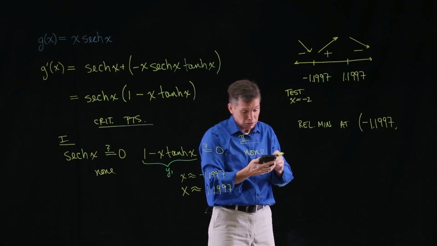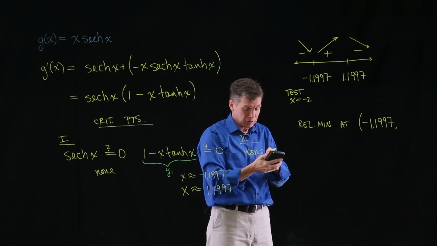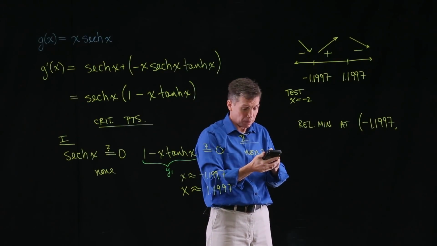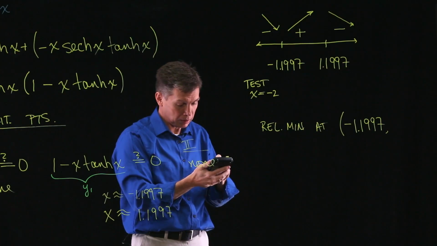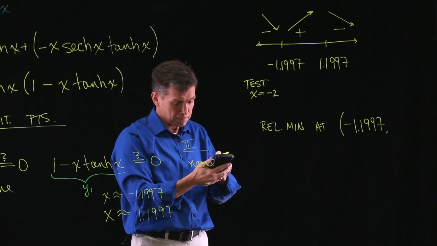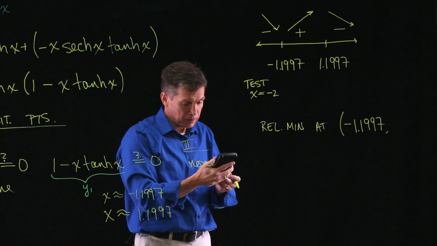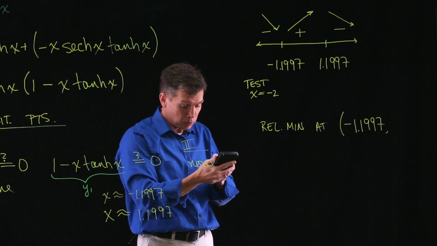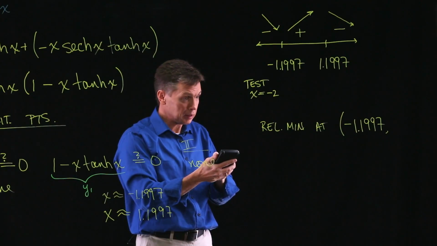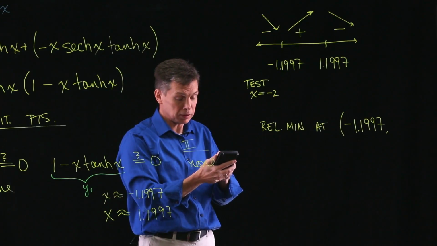Okay, so I'm going to start parentheses, dig through my catalog, find that hyperbolic cosine, enter negative 1.1997 as its argument.